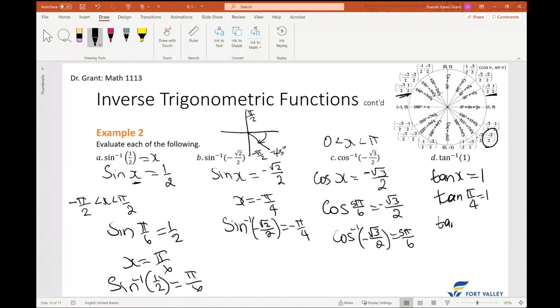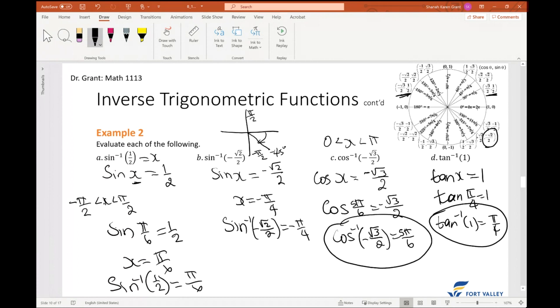So we could say tan inverse of 1 equals pi over 4. And these are our answers.